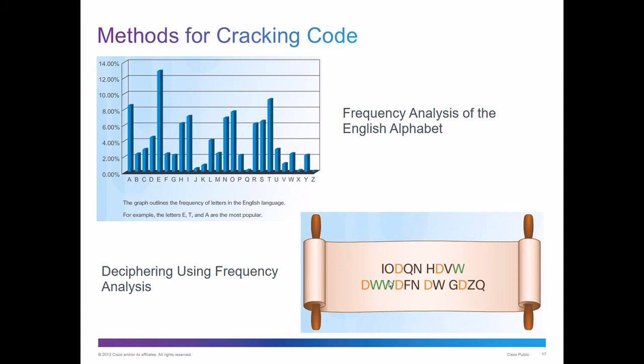You say, wait a second, here's the letter D. It happens so many times. If it's 12%, then you take a guess and you say, oh, most likely it's probably E, because it happens so often. And you can play around with it this way, depending on the frequency. And then you can take a guess and something may come out, right?